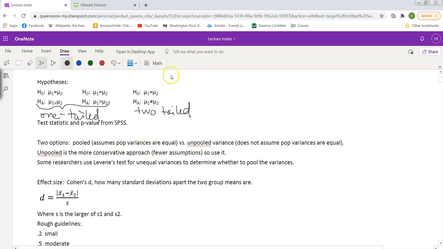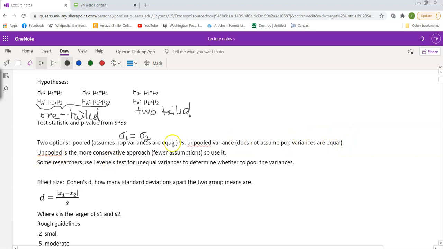So it assumes sigma 1 equals sigma 2. Those are phrased as the standard deviations, but it's the same thing as if you squared both of them, that would be the variances. So that's this option. The other option does not have that assumption.